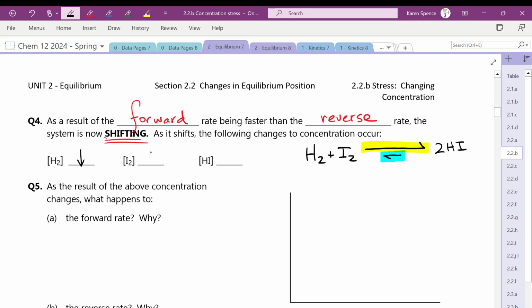Same thing, because it's on the same side of the equation. Now, HI, are we using it up faster or are we making it faster? We are making it faster, therefore its concentration is going to increase. Which means, which direction are we shifting? We are shifting to the right.